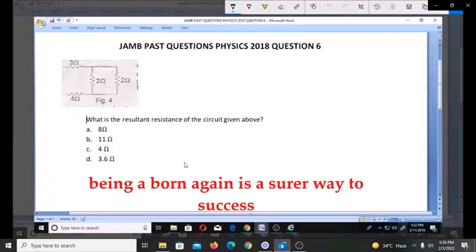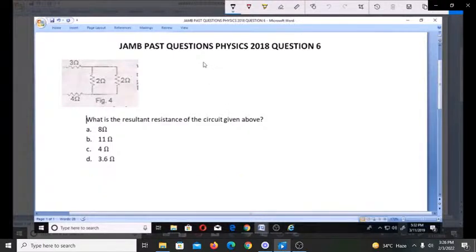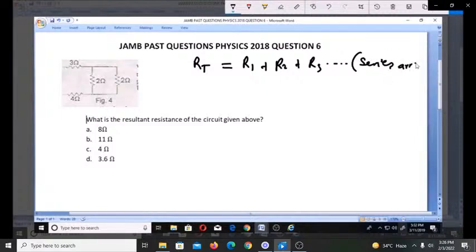resistance? Now, for us to be able to do this calculation very well, we need to know the formulas for resultant resistance. If the resistances are in series, the total resistance is R1 plus R2 plus R3, then continue adding. This is for a series arrangement.